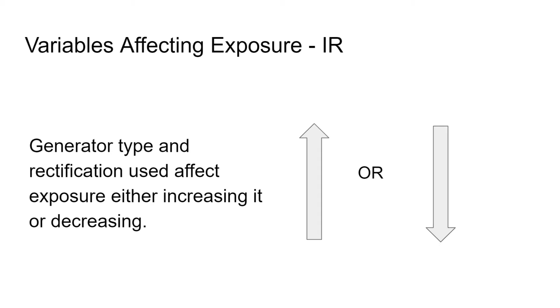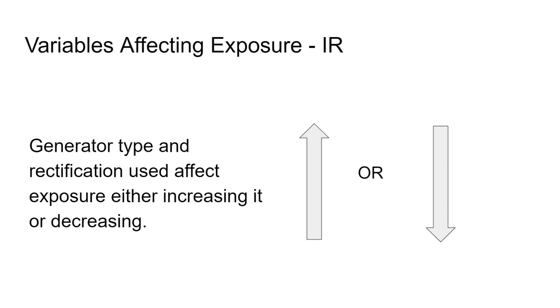Okay. Variables affecting exposure, again, to the IR. So this one depends on the generator. If the generator is more efficient, has what's known as less ripple, gives you a harder beam, then you don't need as much exposure.